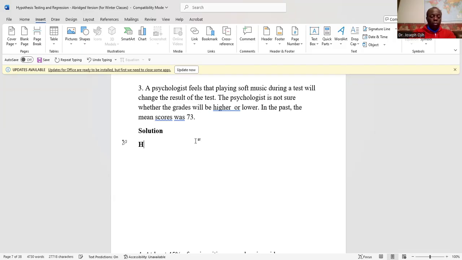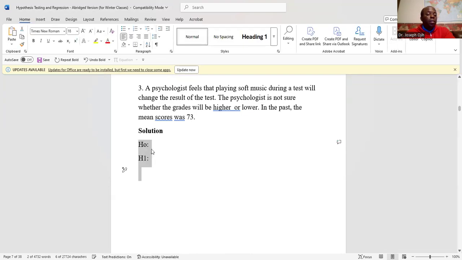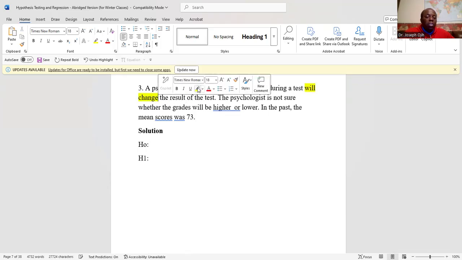We have H0 and H1. So the psychologist feels that playing some music during a test will change the result. Will change, that's the keyword right there. It doesn't say whether it's going to increase or decrease.